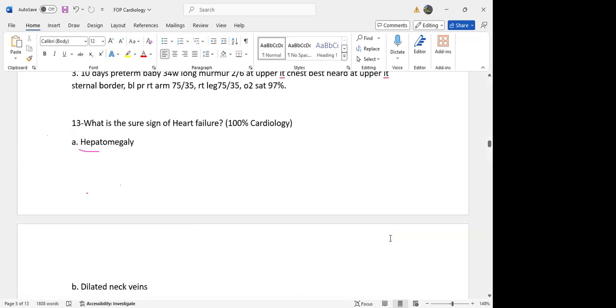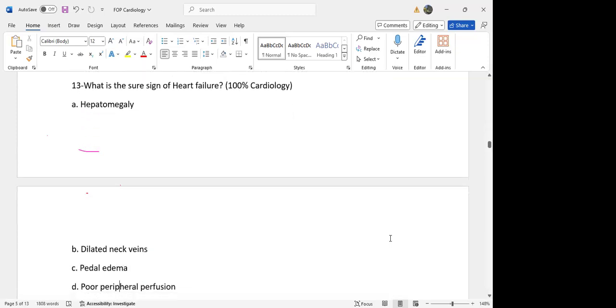What is the surest sign for heart failure? Poor peripheral perfusion or pedal edema? Poor perfusion you can find in sepsis and shock as well, so it is not only a sign for heart failure.